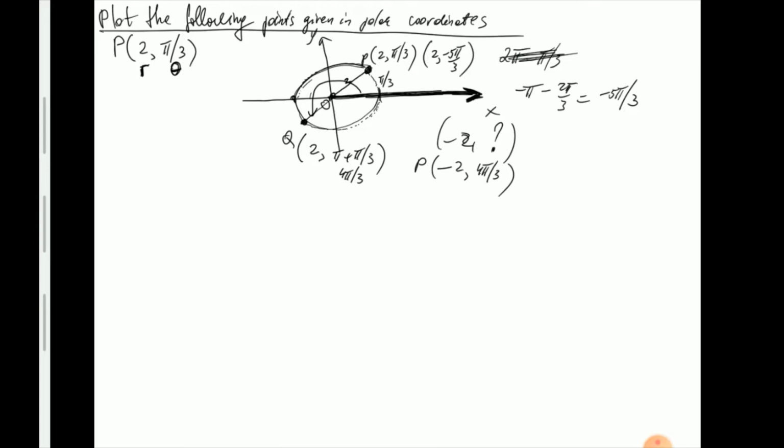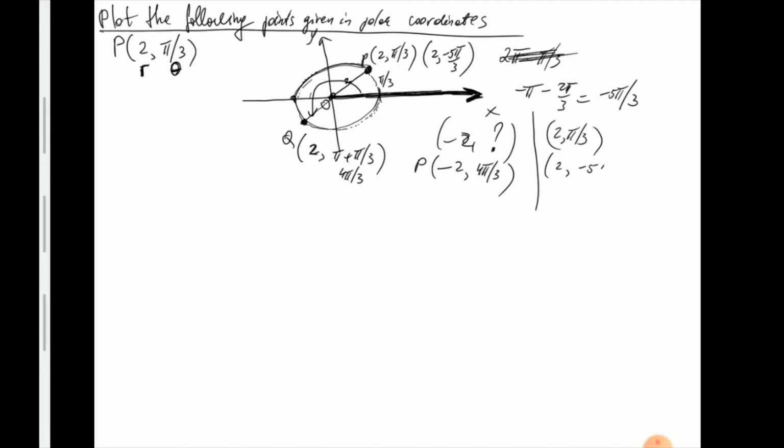So if someone asks you to plot a point with a negative r, you plot the one with positive r, and then you take the symmetric of that point with respect to the origin. We're going to go over other examples like this, but notice already we have essentially 3 possible representations for the same point.